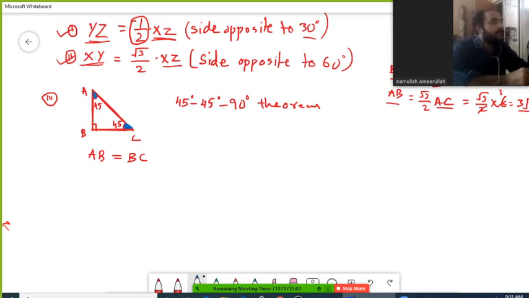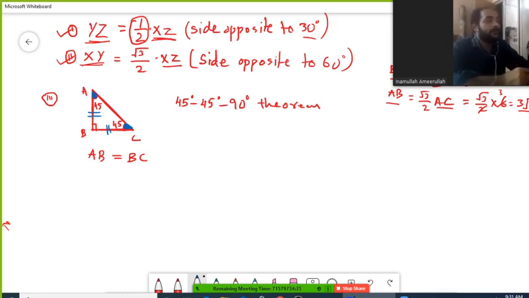If base angles are equal and congruent, then we can say triangle ABC is an isosceles triangle, and it is a right angle isosceles triangle, where AB is equal to BC. This is the basic property of an isosceles triangle, that base angles are equal. That's why AB and BC are also equal, and triangle ABC becomes an isosceles triangle.